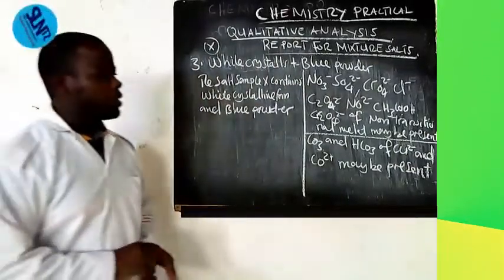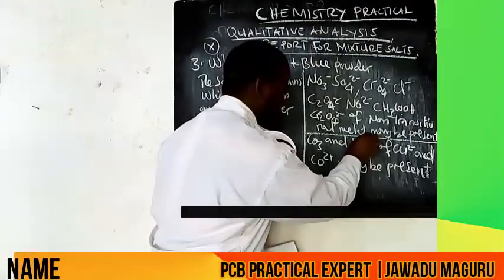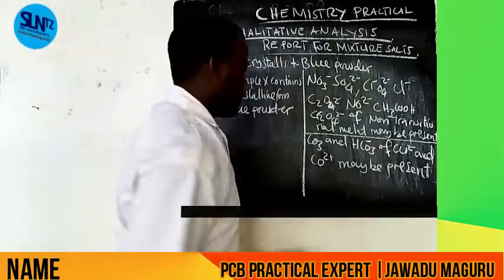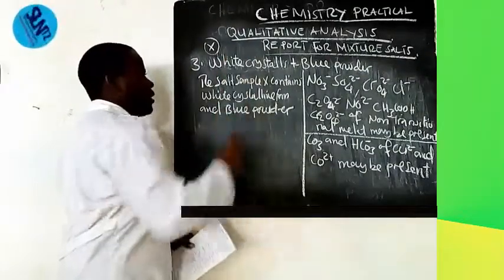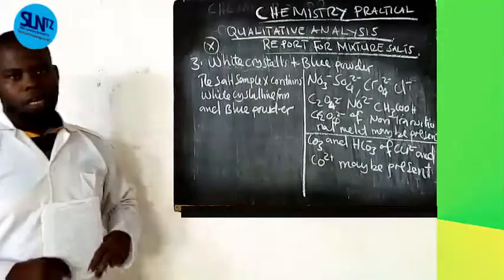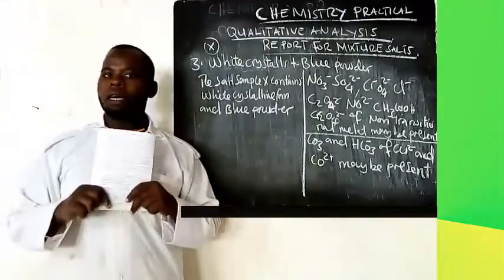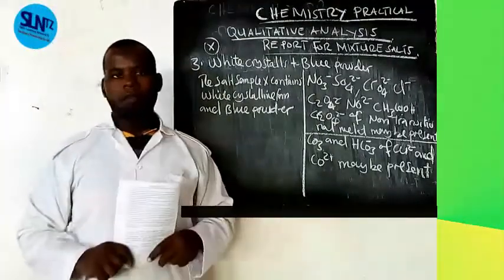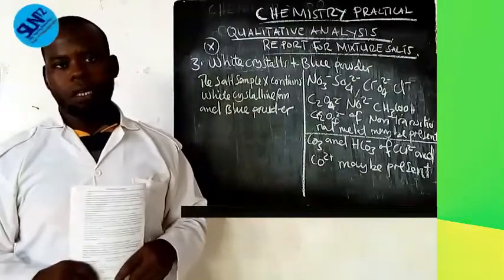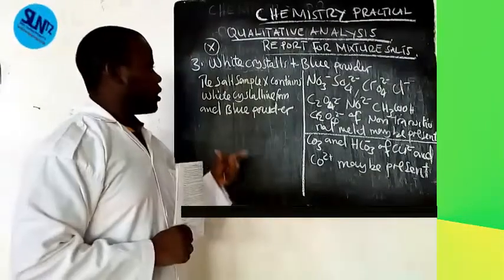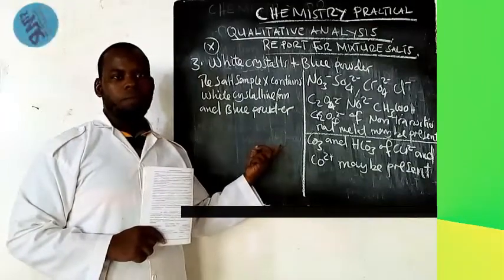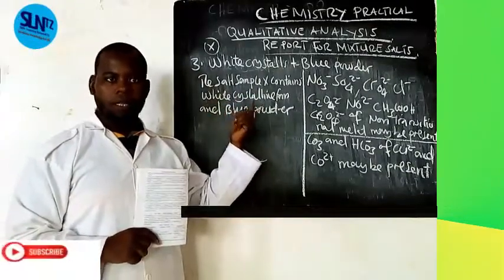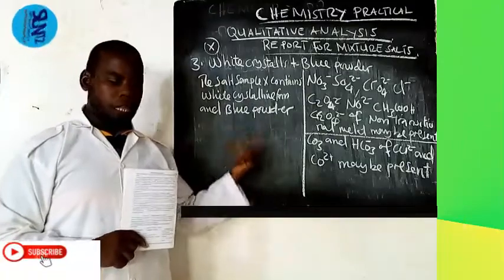I think you have seen example number 3 of different color and a different texture. That is how you have to write your report, and you can compare with the first example, the second, and the third.